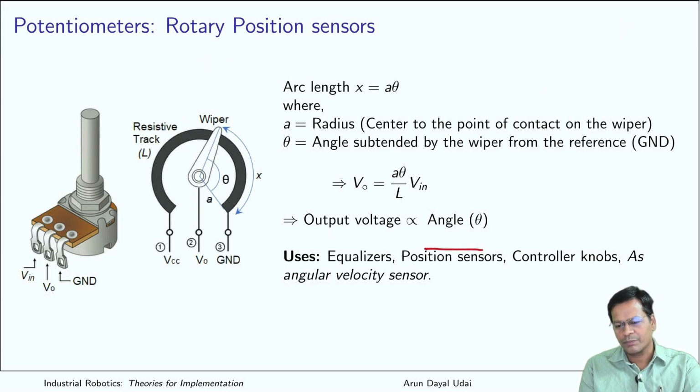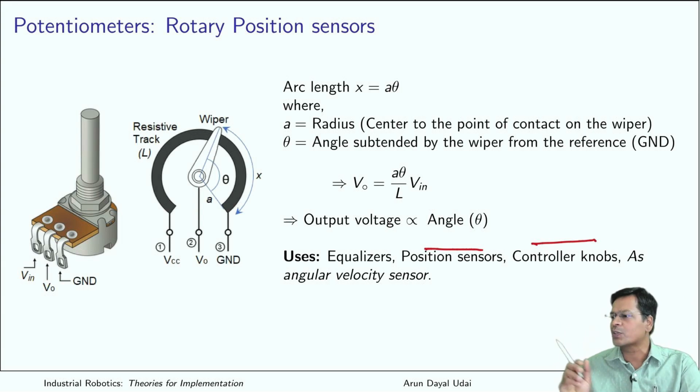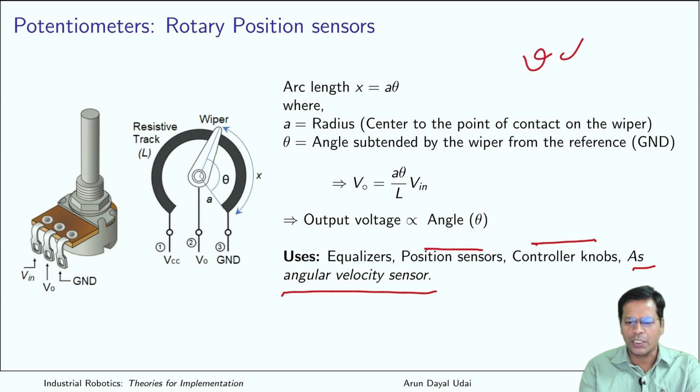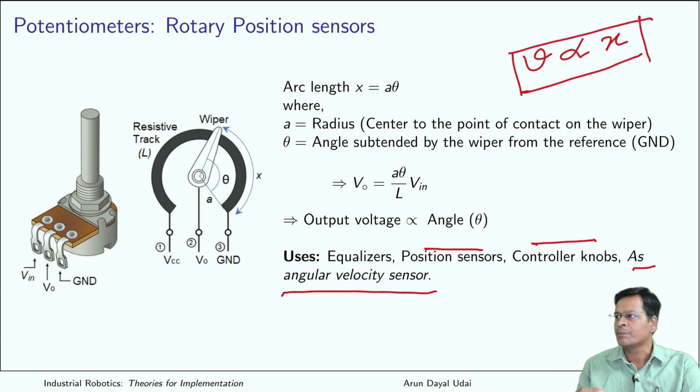Position sensors, as an angle sensor, controller knobs, so knobs that you see as audio mixer, same, and as an angular velocity sensor. Again I will talk about this in much detail. If you get a voltage which is proportional to displacement, this particular relation can be used to measure velocity.